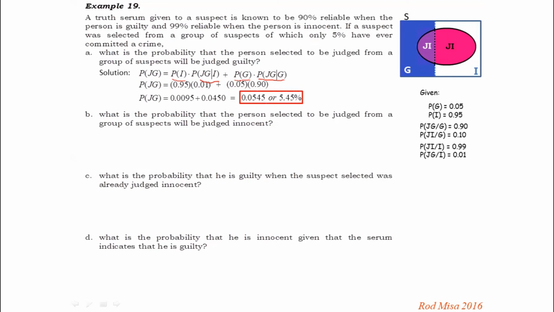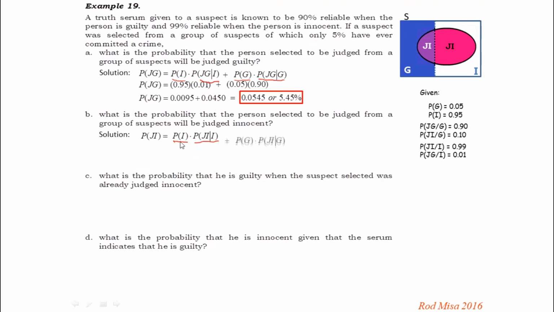So moving to the second question, what is the probability that the person selected to be judged from the group of suspects will be judged innocent? And this can be solved by solving for the total probability of judging the suspect as innocent. So solving for this total probability is to add the two cases here, wherein the first case is judging the suspect as innocent given that he is really innocent of the crime.